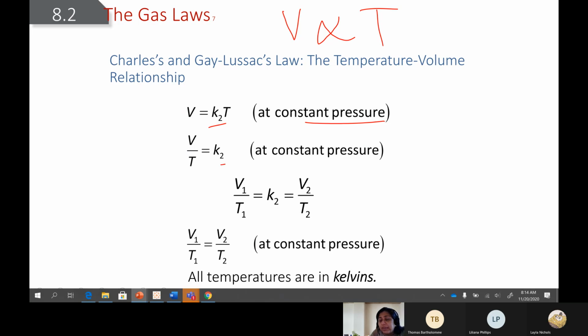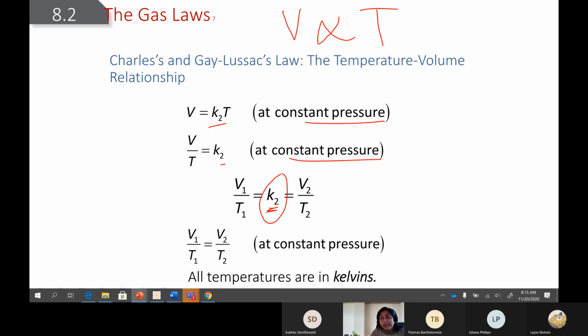So if we consider two different volumes and two different temperatures, but under constant pressure, that constant will be the same. If you do not change the pressure, then that constant will be the same.